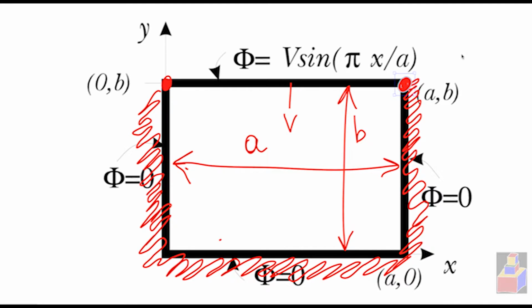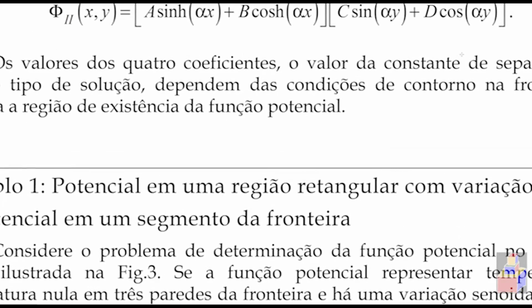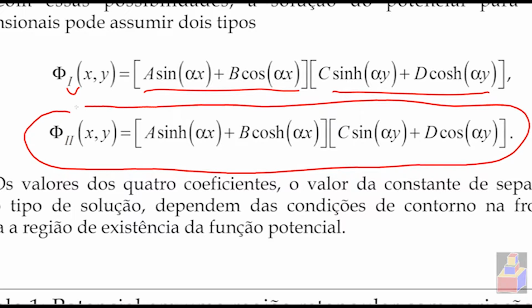So if we try to use the type 2 solution, we're going to show that the solution doesn't work. It cannot satisfy the 4 boundary conditions for this type of solution. And the reason is very simple. These are hyperbolic functions, okay? In general, the hyperbolic sine function has only one root, and the cosine function has no roots.